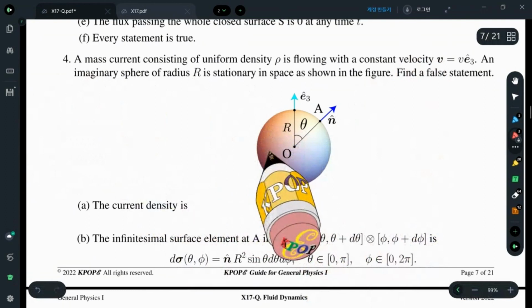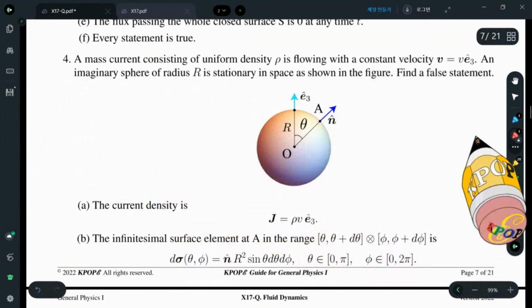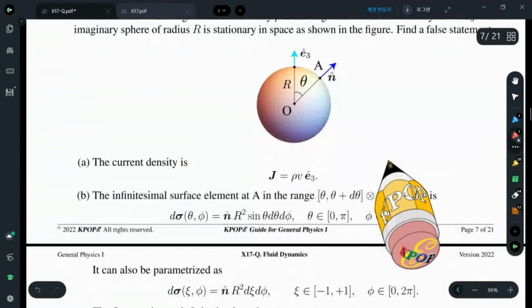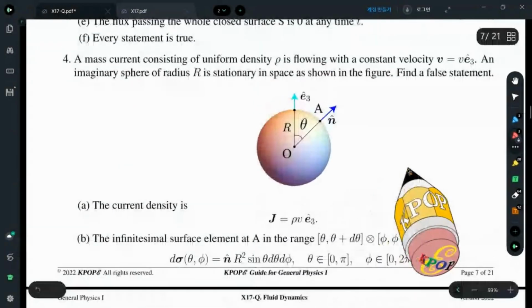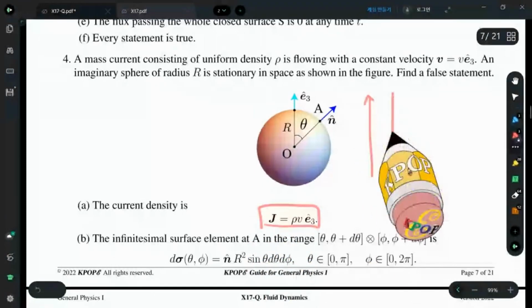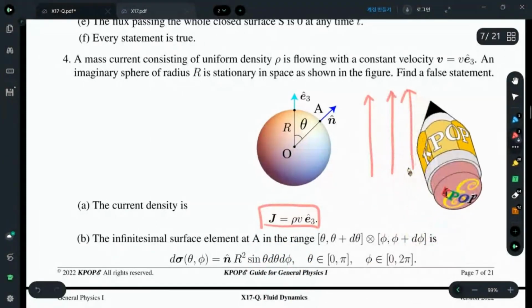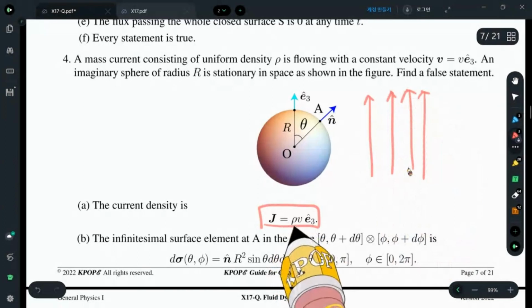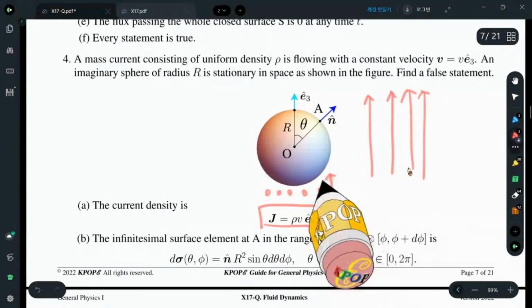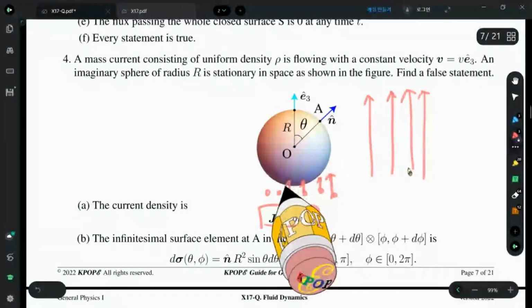Number 4, we are familiar with this figure. We solved this kind of problem in 16. Now we have current that is along this direction. Rho v, mass flow, comes in.